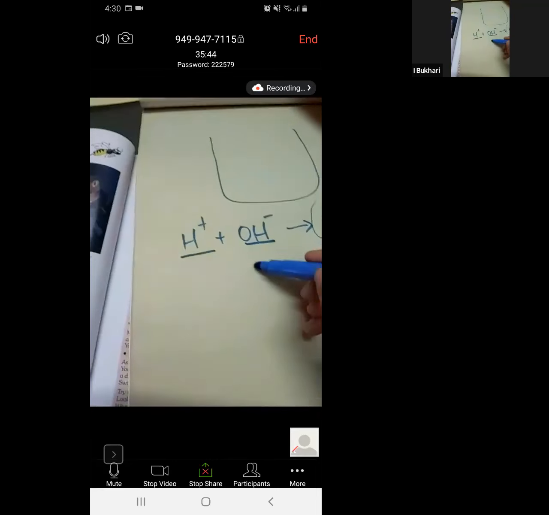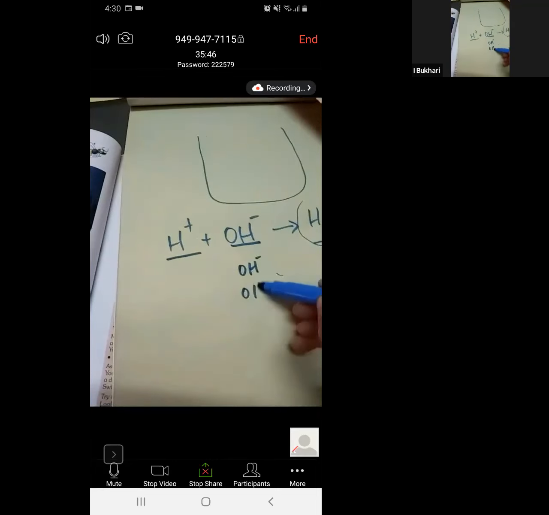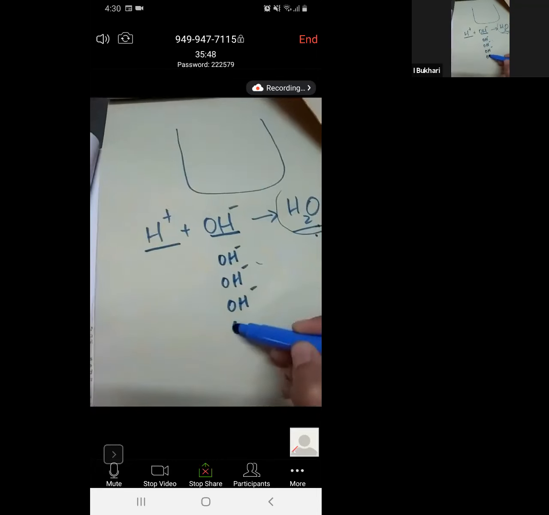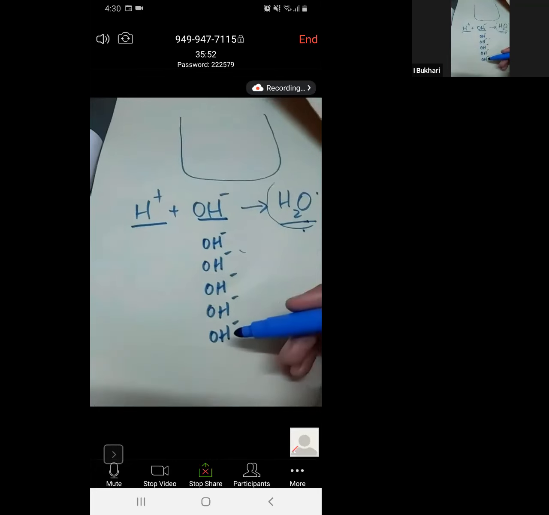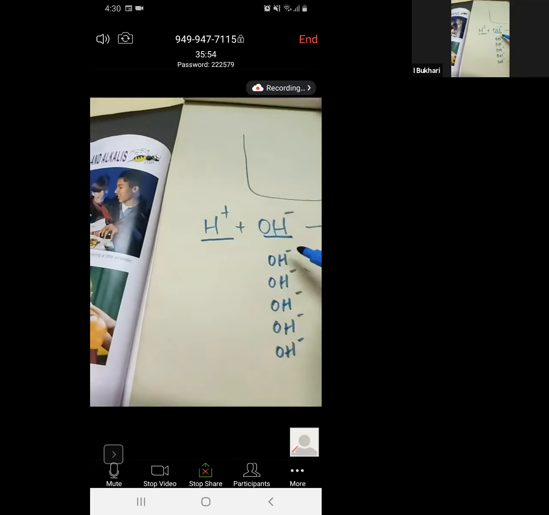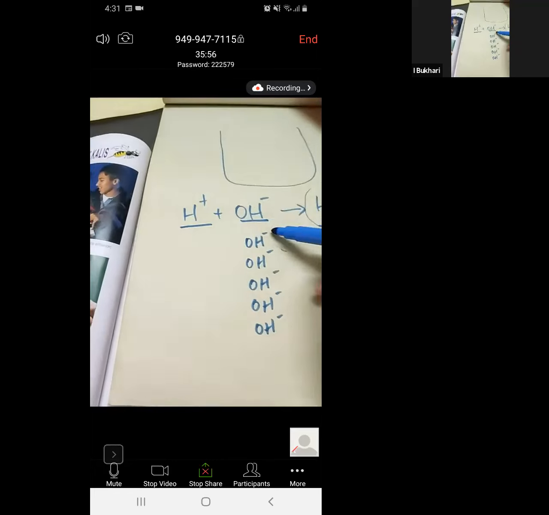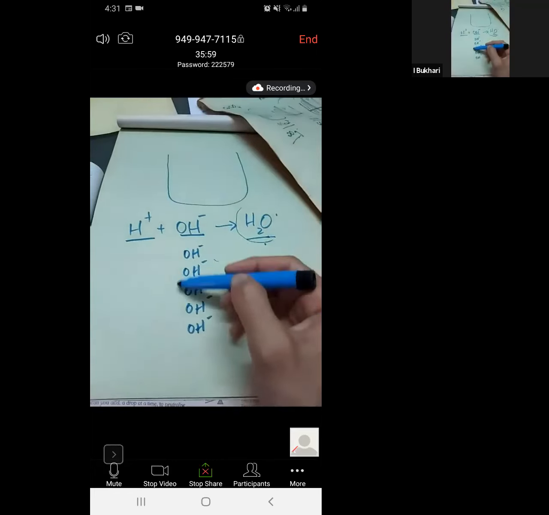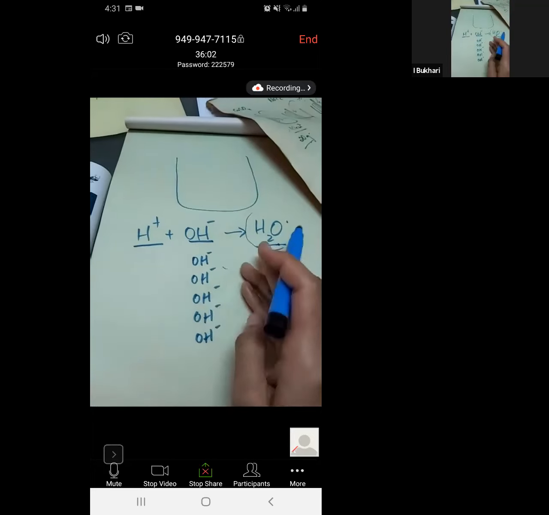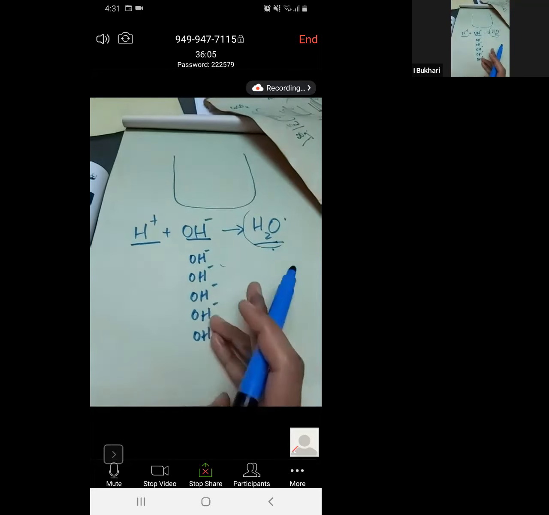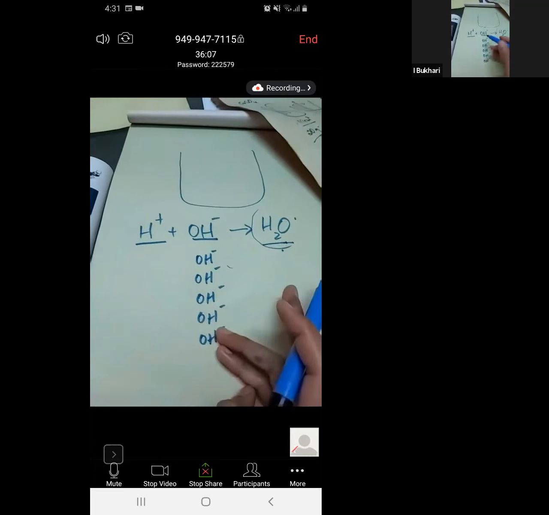So let's suppose you had a known volume of alkali. Let's suppose you have 5 hydroxide ions, just for the understanding purpose. Now, this alkali has a lot of charged particles in the form of hydroxide ions, so it will conduct electricity quite well because they are mobile within the water.